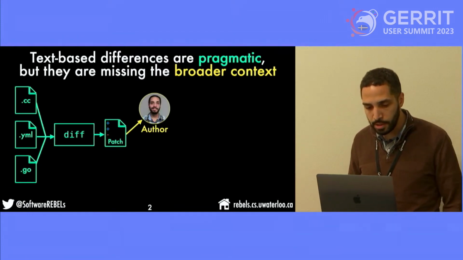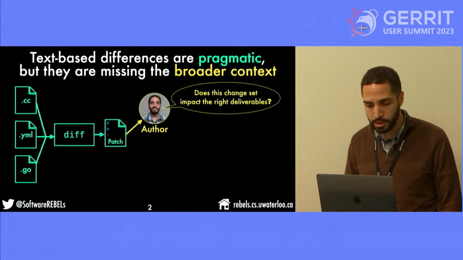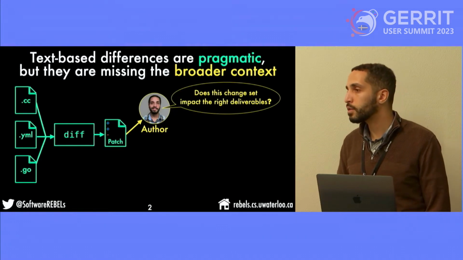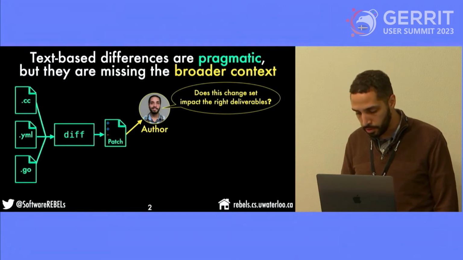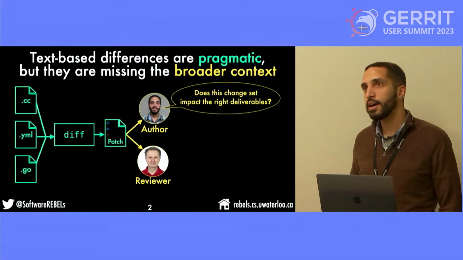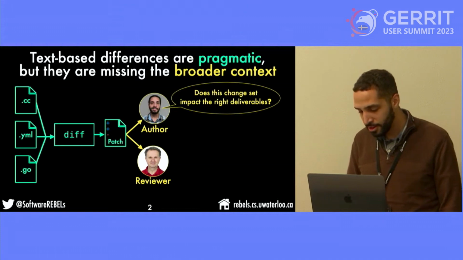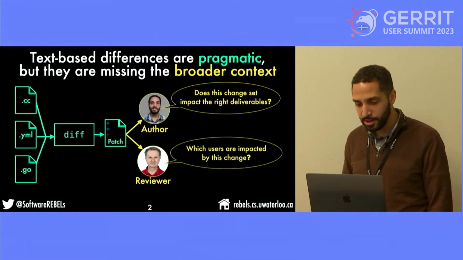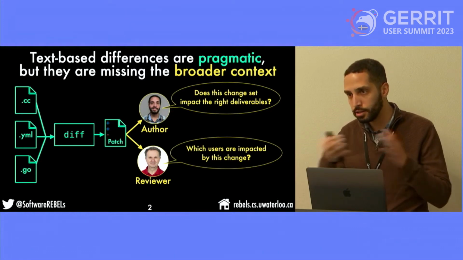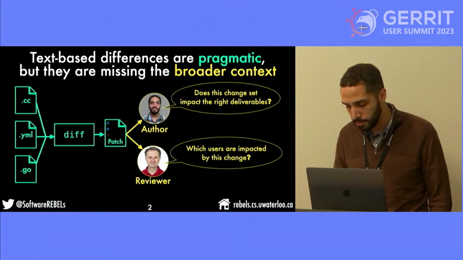Maybe an author might have questions when they're developing a patch, like, does my change set impact the right set of deliverables? And maybe a reviewer, slightly less handsome and cunning compared to the author, might have questions like, which users are impacted by this change? And a textual diff is never going to be able to help you answer this, right?